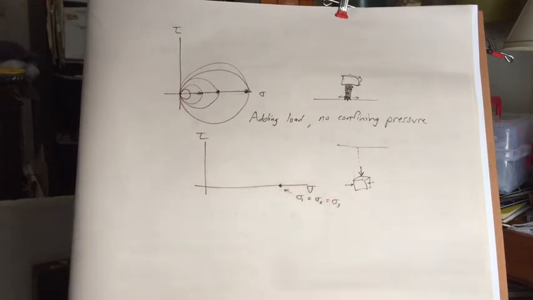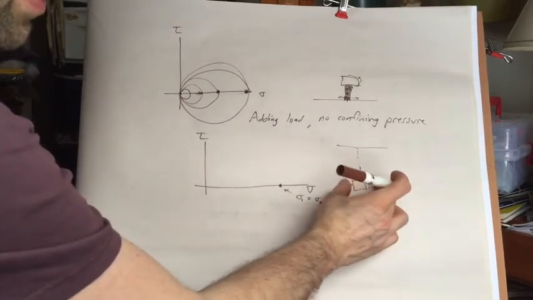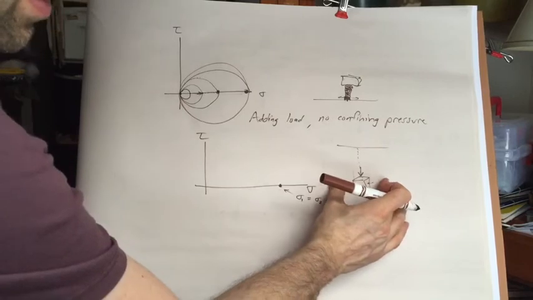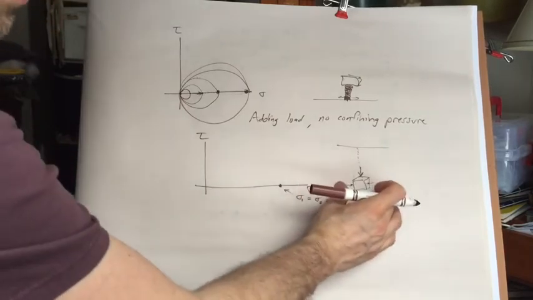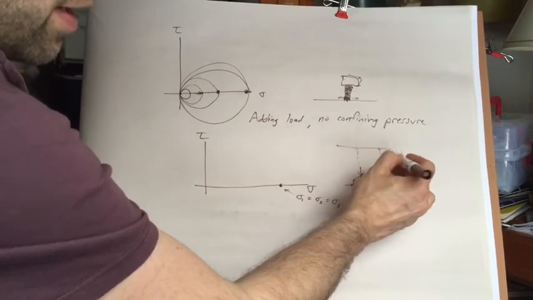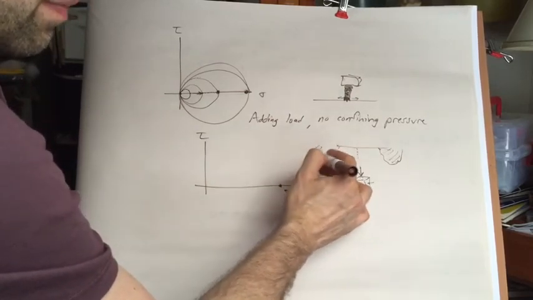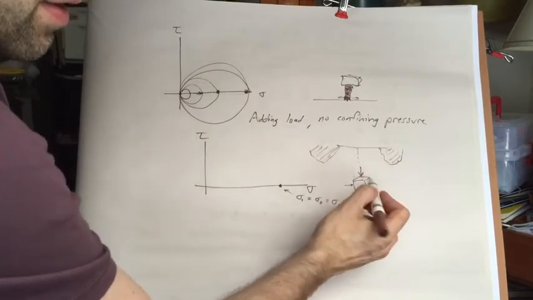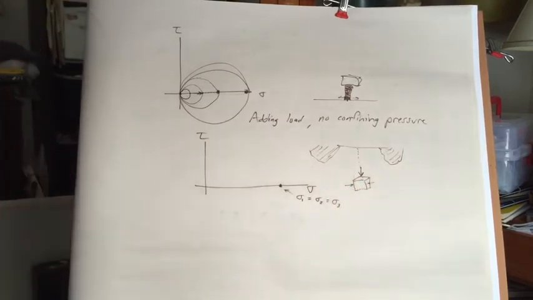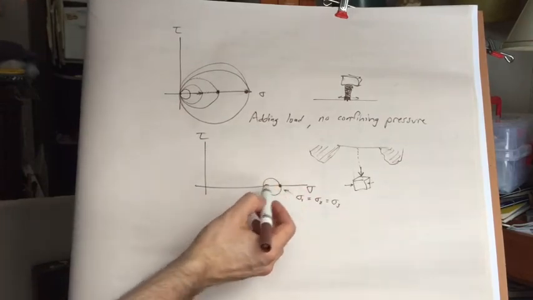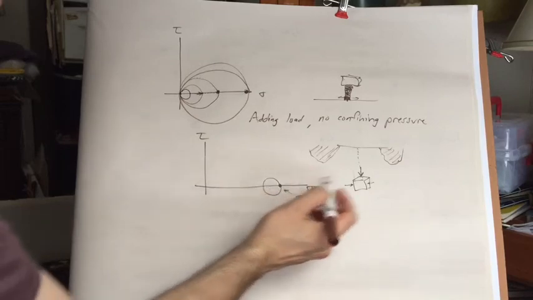But let's say that we were to reduce the confining pressure. So we were to sort of not push quite so hard on the sides of this box. Let's say that we were to excavate some mining pits here. It's going to relax the confining pressure on this. And that's going to have the effect of reducing sigma 3.